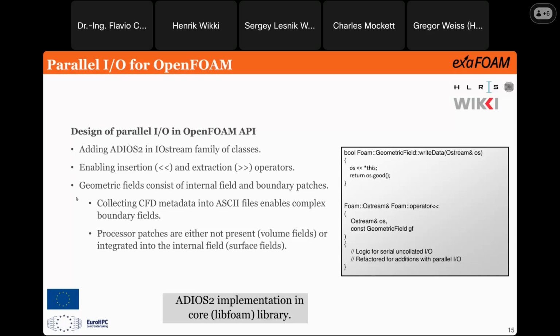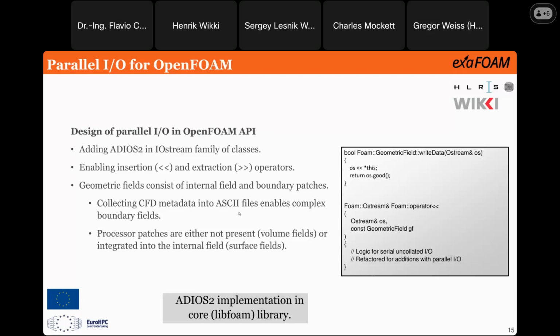But now we have to consider more things: when some particular information comes about your boundary condition, that you buffer that in between. I call this the CFD metadata. And then this is actually stored into one single file.